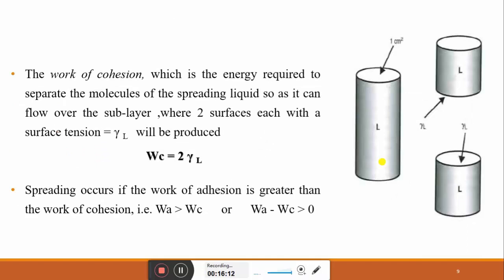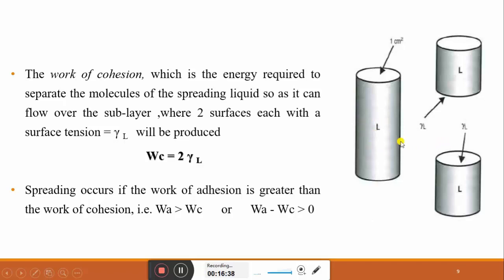Similar to work of adhesion, there is work of cohesion. What is the meaning of work of cohesion? Work of cohesion is the energy required to separate the molecules of the spreading liquid. Here we have considered the spreading liquid as oleic acid, so it is the amount of force required to separate the molecules of oleic acid.